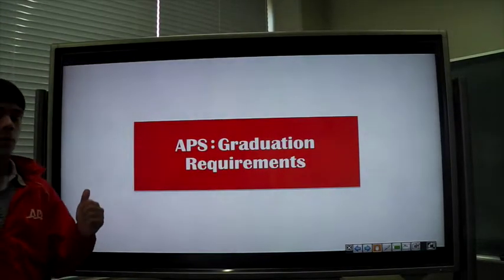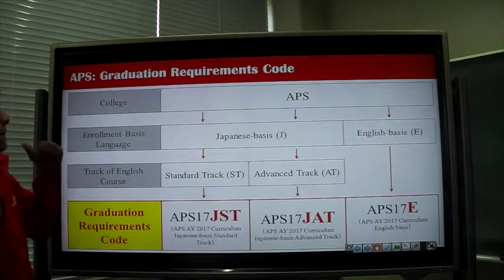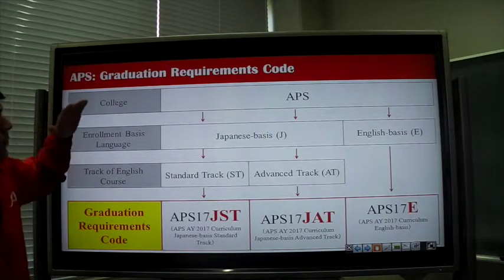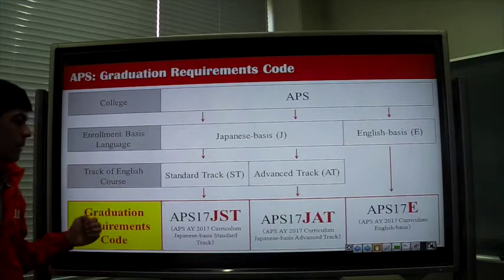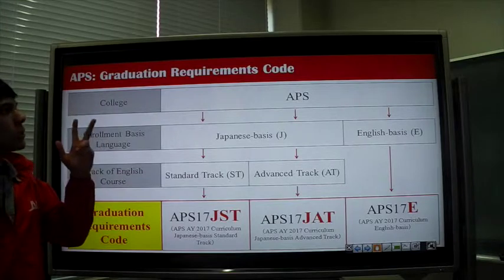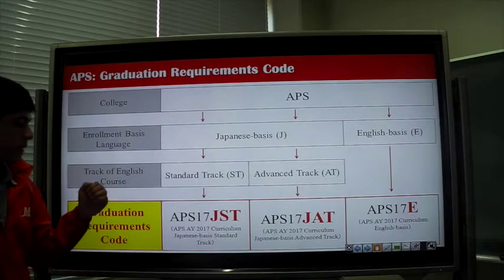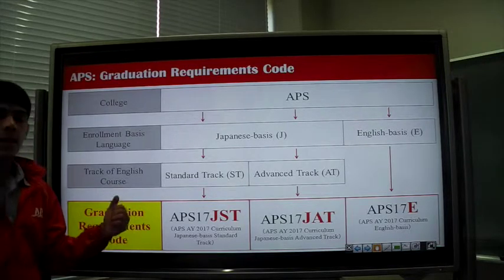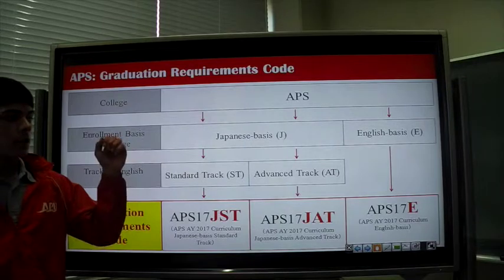And here it's about APS graduation requirements. However, before I go deep into the graduation requirements, I want to explain about graduation requirements codes. In APS we have 3 codes, which are APS 17JST, APS 17JAT and APS 17E.